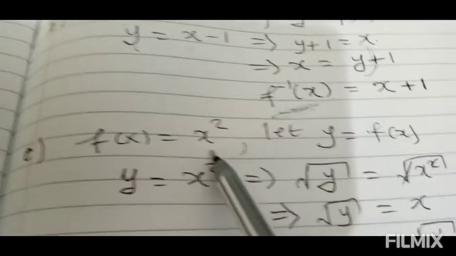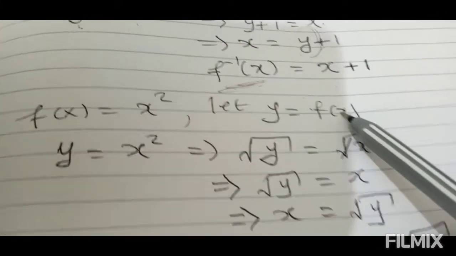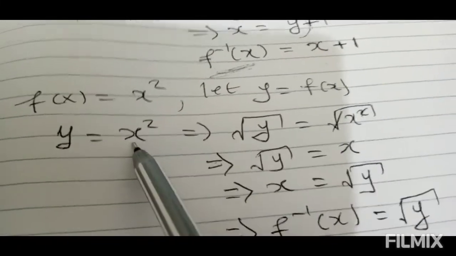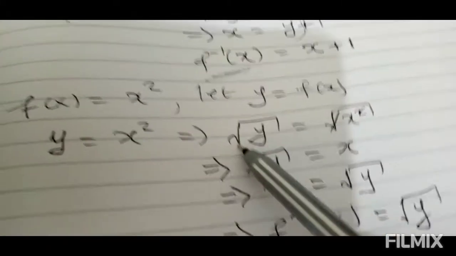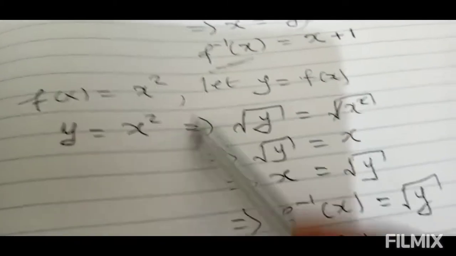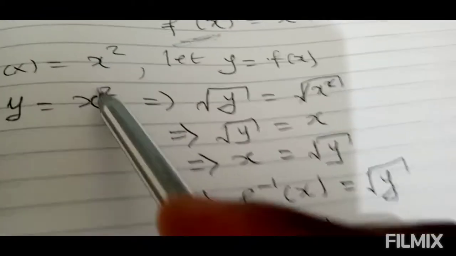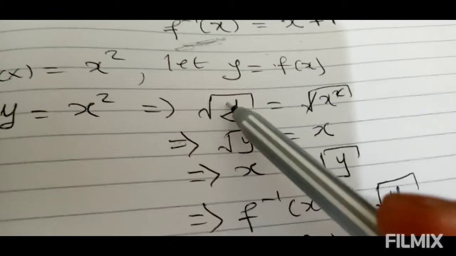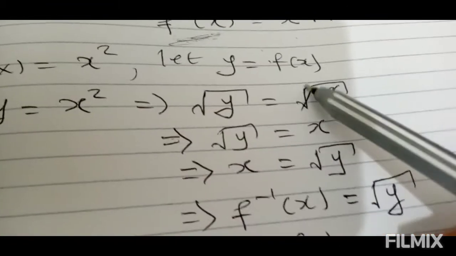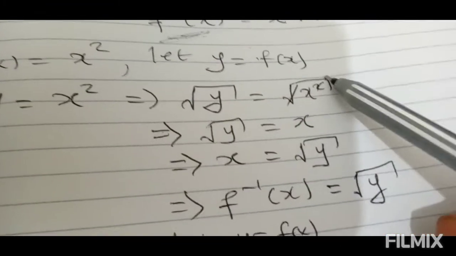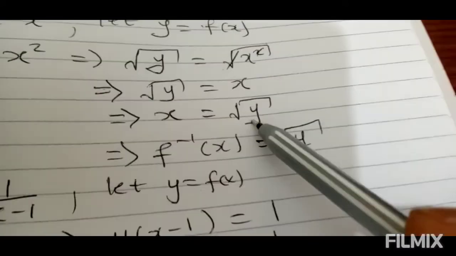Now, f of x is equal to x squared. Let y be f of x. So if y is equal to x squared, then you are making x the subject of the formula. So you take the square root both sides, okay? So root y is equal to root of x squared, then this one cancels. So we have x is equal to root y.